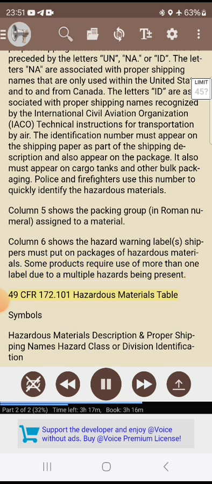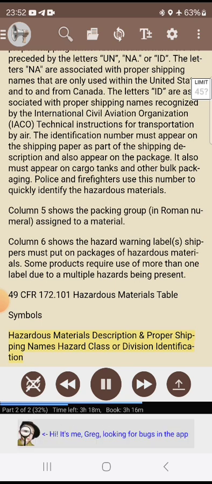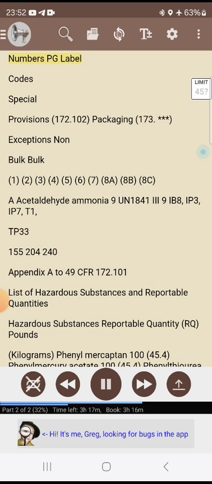49 CFR 172.101 Hazardous Materials Table. Symbols. Hazardous materials descriptions and proper shipping names, hazard class or division, identification numbers, PG, label codes, special provisions, 172.102, packaging 173, exceptions, none, bulk.